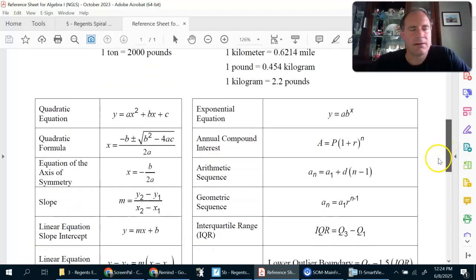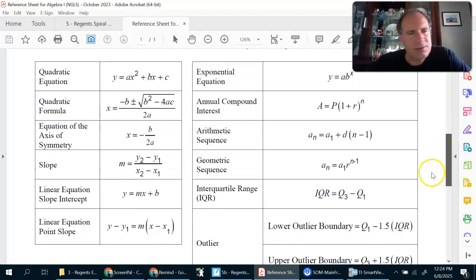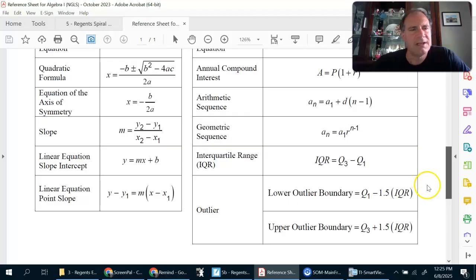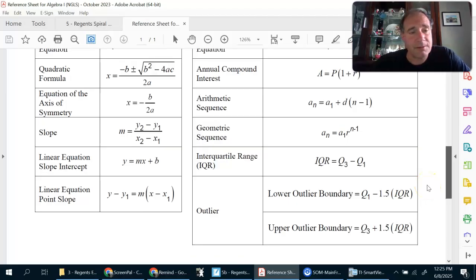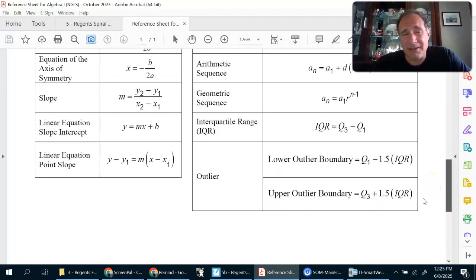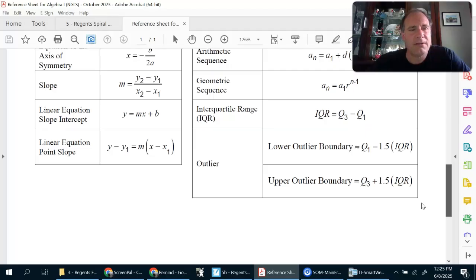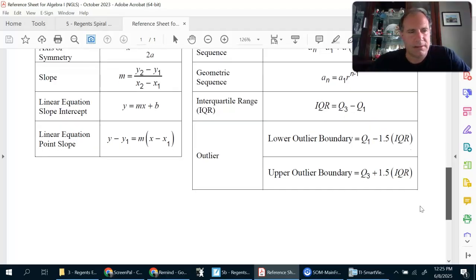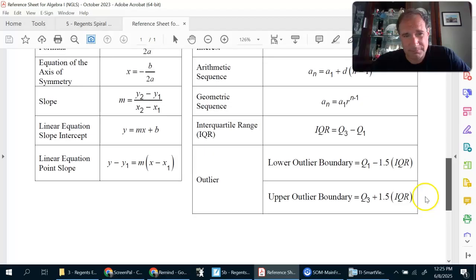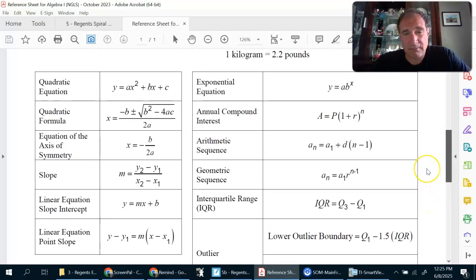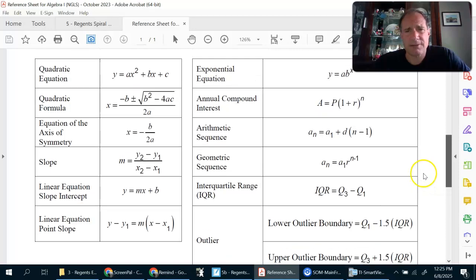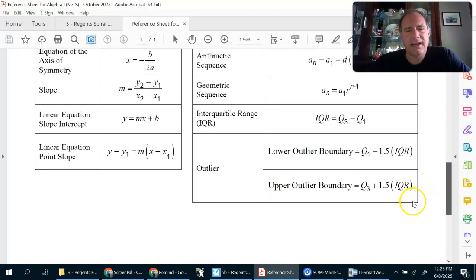Notice quadratic on the left-hand side, quadratic equation, standard form, quadratic formula, the equation for the axis of symmetry, the slope formula, the linear equation, slope-intercept, the linear equation, point-slope, interquartile range is on there, arithmetic sequence, geometric sequence, exponential equations, and there it is.